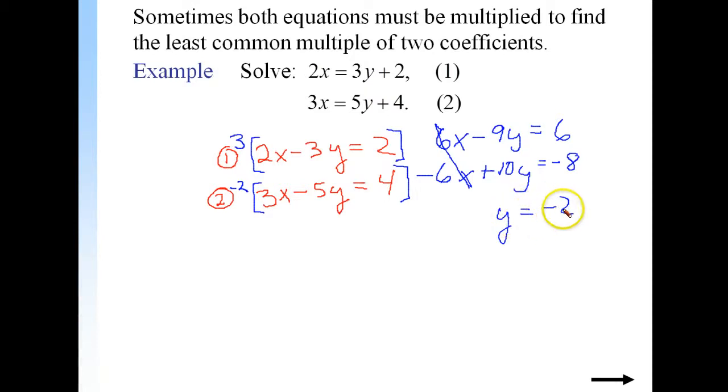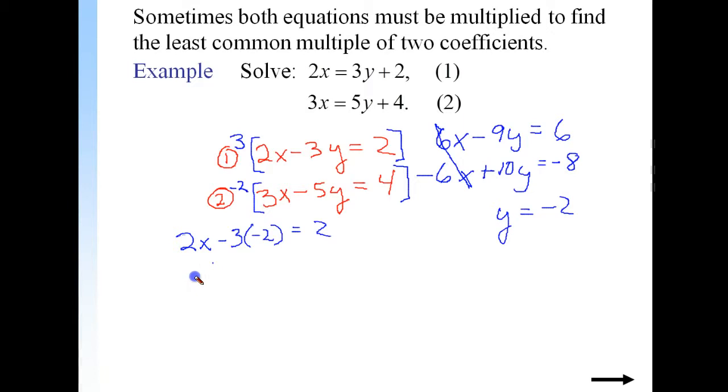I now have y is a negative 2. So let's do that. You pick any equation. So we have 2x minus 3 times my negative 2 over there equals 2. So this will be 3, what's going on here?